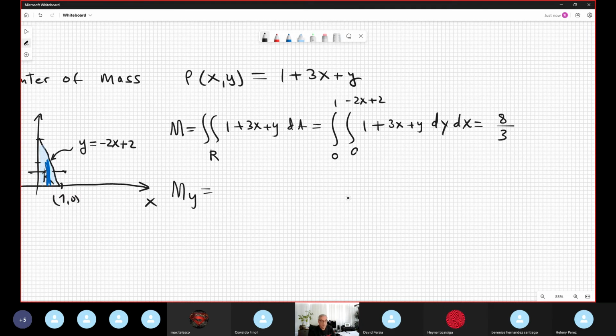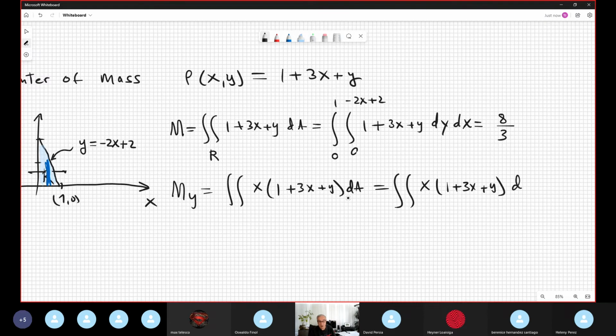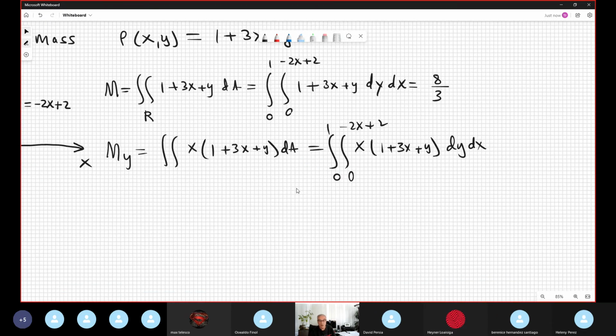Momentum y. Double integral again of x multiplied by 1 plus 3x plus y. Specifically in our region, it is x times 1 plus 3x plus y. I integrate in the same order, therefore it doesn't change the limit. Okay, now unbelievable, the answer is 1.